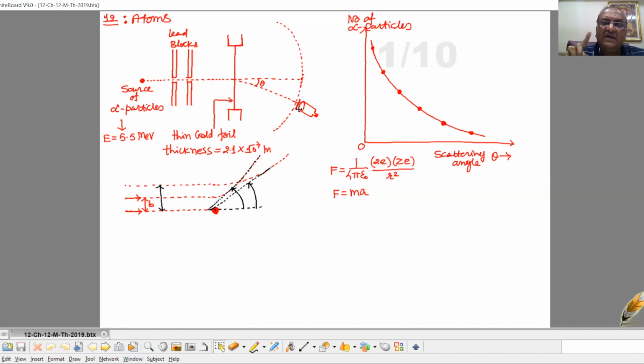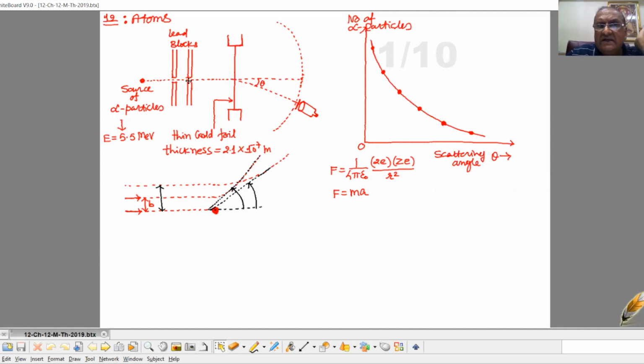It implies that when any charged particle is incident on that screen, then momentarily it gives a glow of light, a flash of light, whether a negatively or positively charged particle is incident on it, right? So by looking through this microscope, you can count the scintillations formed on the screen, and one can calculate the number of alpha particles scattered from the gold foil at a particular angle of scattering in a given time interval.